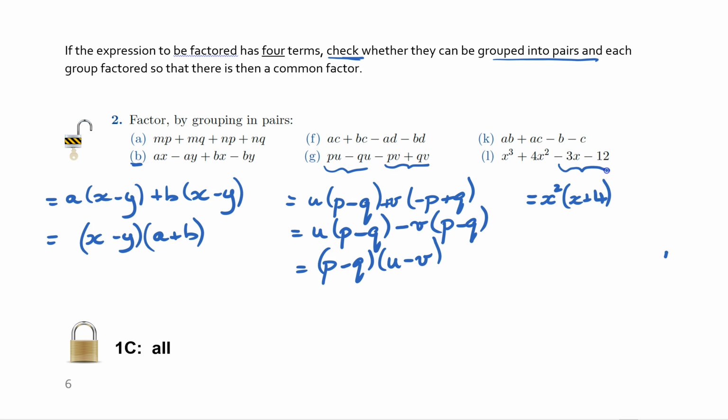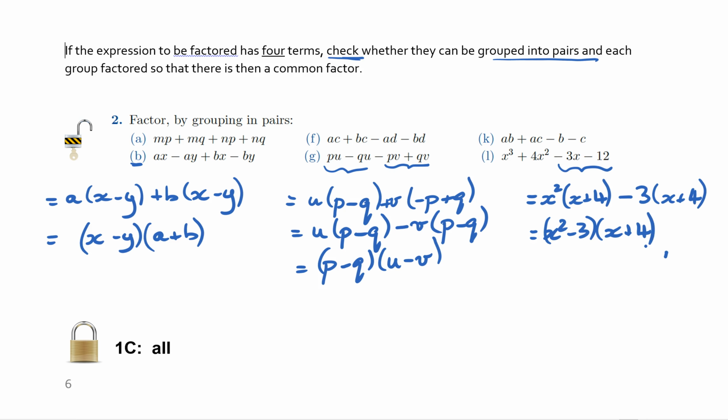And then when I look at these two here, to get that x plus 4, because I know that that's what I'd like to have, x plus 4, what could I take out? I could take out minus 3. So there would be my minus 3x and minus 12. So we've got x squared minus 3, x plus 4.